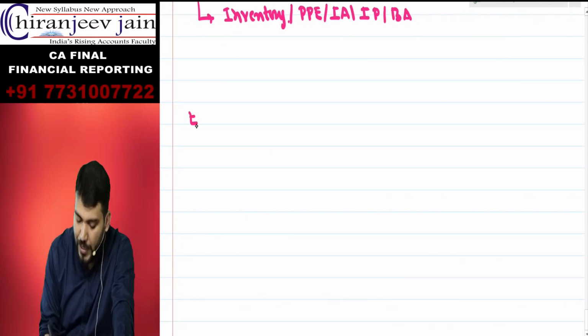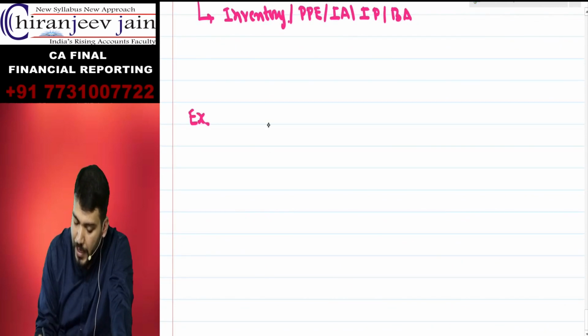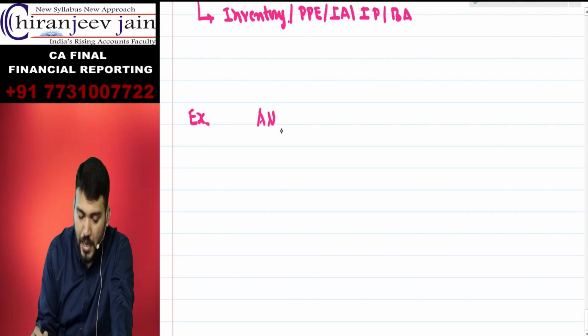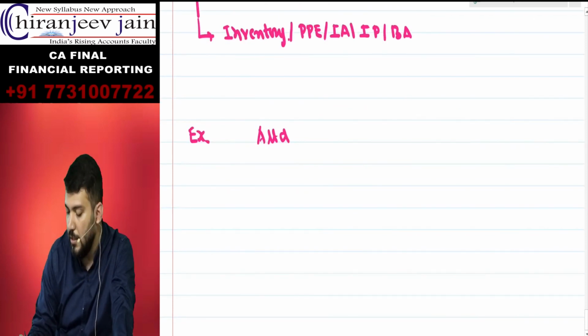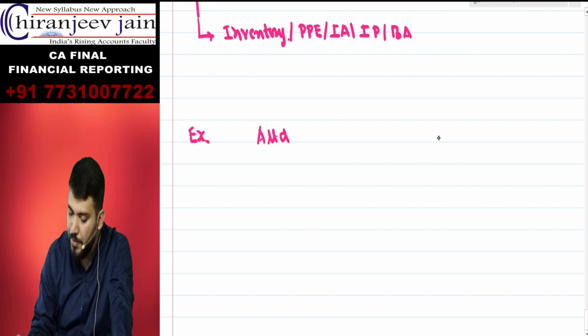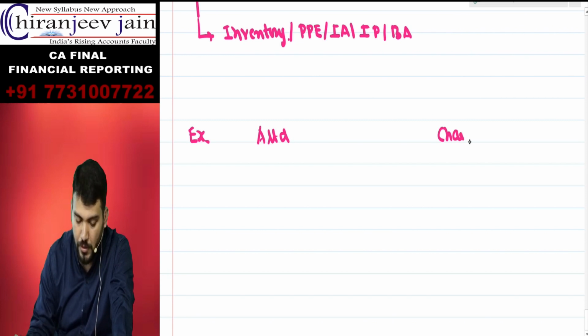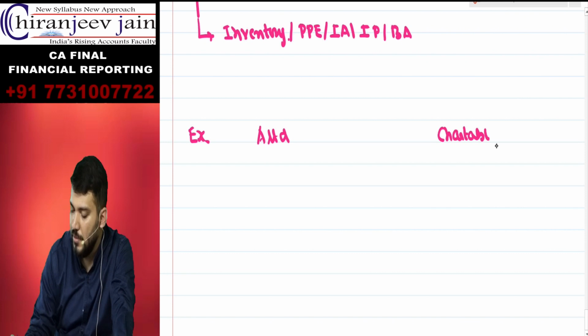Now, a question arises. Example. Everyone try to understand this example. A Limited has done one contract with another company, suppose I write it this way, a charitable organization.